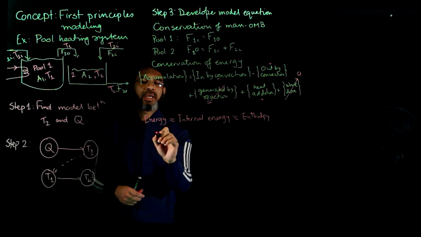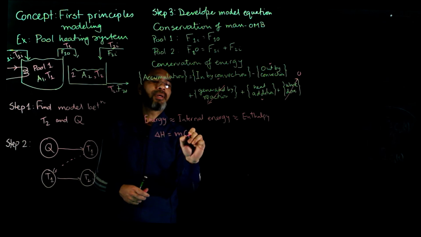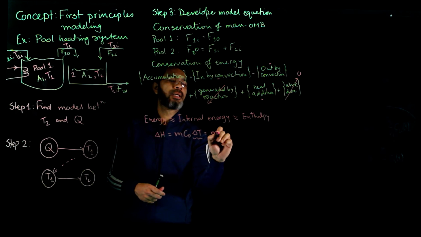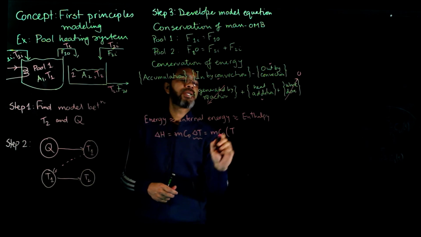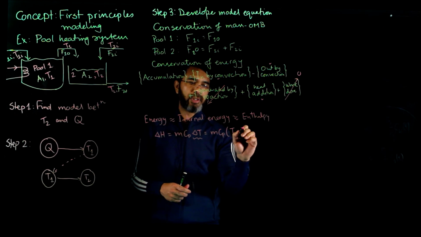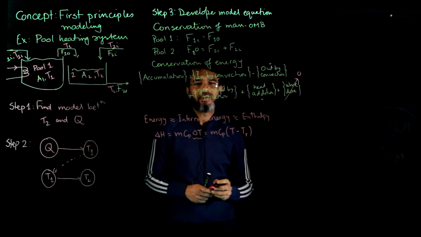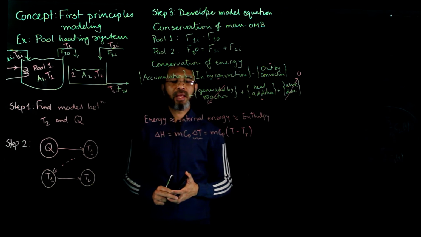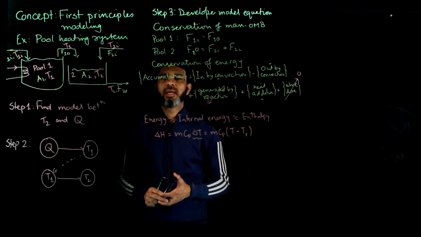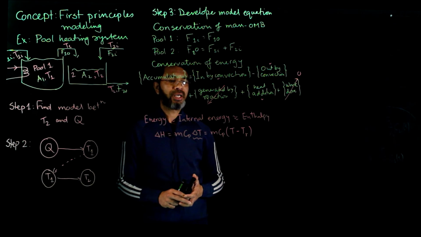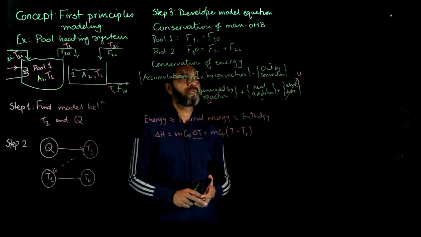Enthalpy we always express in terms of delta H, which is given by m Cp delta T. Remember that here delta T represents the difference of temperature of a stream with reference to a reference temperature. You can choose any reference temperature you want, but every time enthalpy is expressed in terms of delta H, meaning the enthalpy difference with respect to a reference condition.